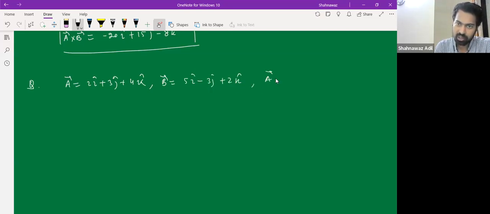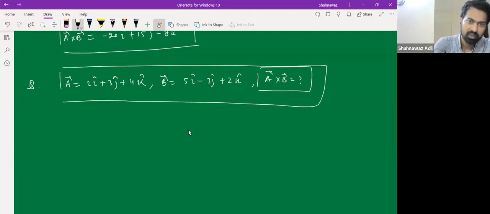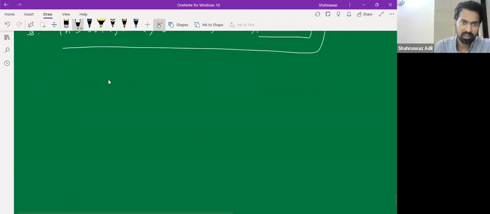So what would be A cross B? Note it down and try at home. Okay, so this part is clear. The vector part is finished.